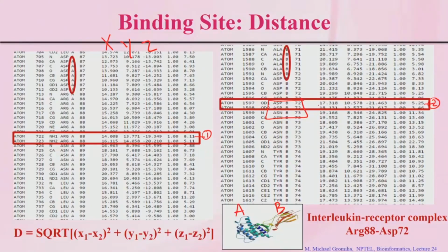So, 14 and 17, this will be around 9, plus 19 and 13 and 10, this will be 3, that is 9, plus 19 and 21, that is 2, that is around 4, right. So, this will be around 22, this is less than 5, right.